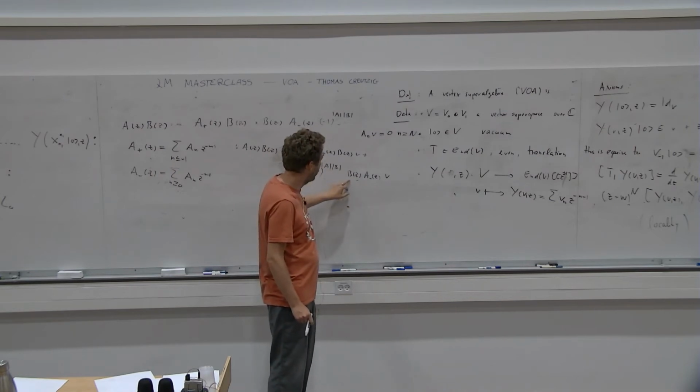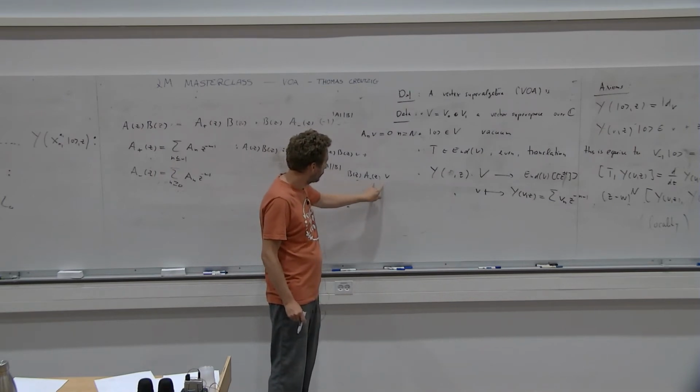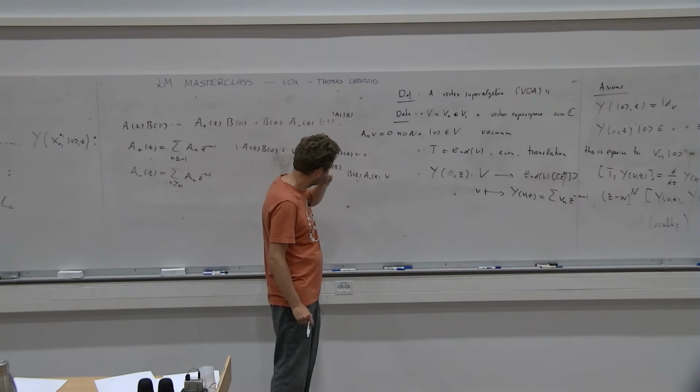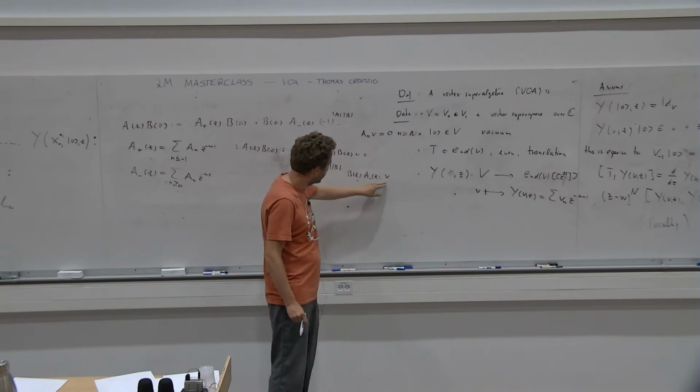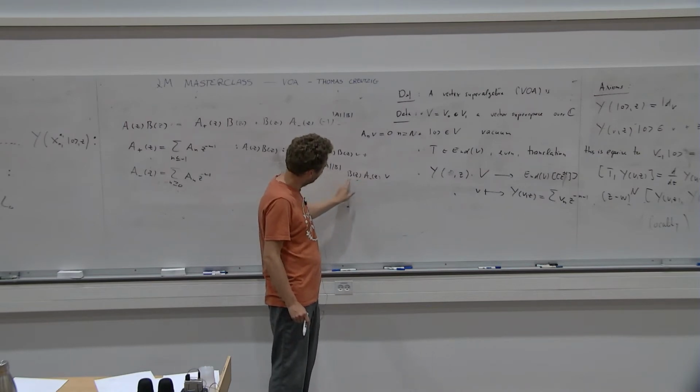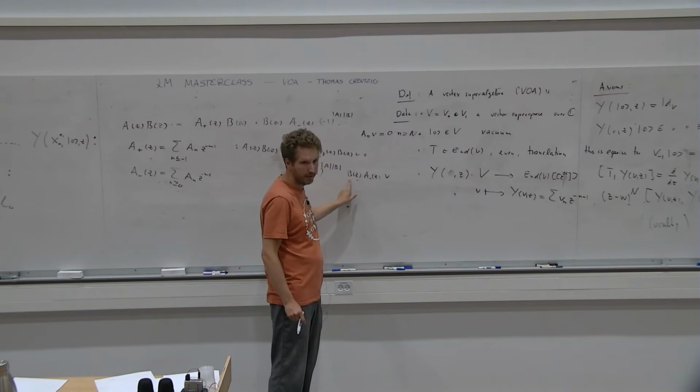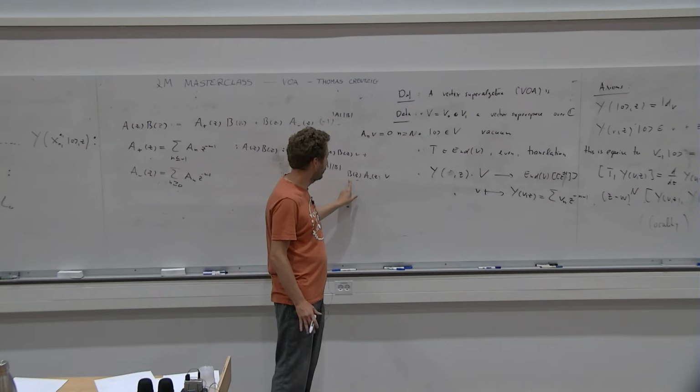Each coefficient, for a given coefficient here, again it will happen that the B_n, if n is too positive, will annihilate it. It's a little bit tricky to see the details.